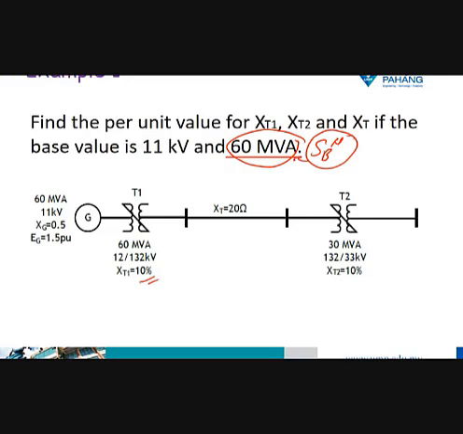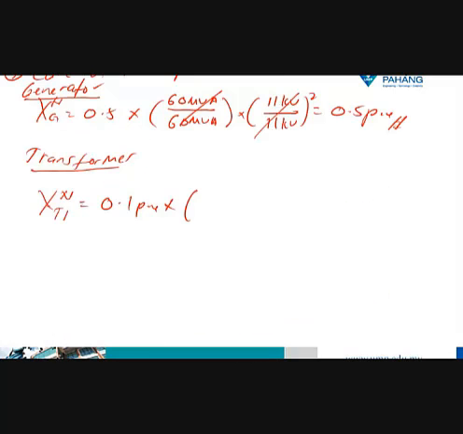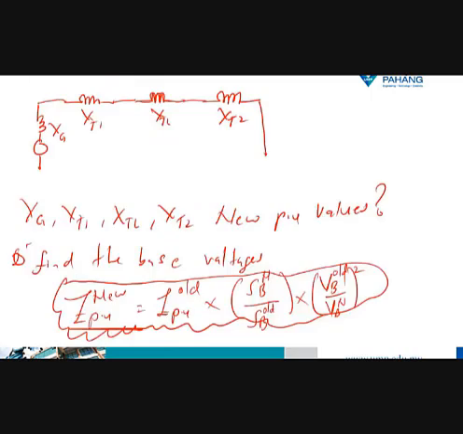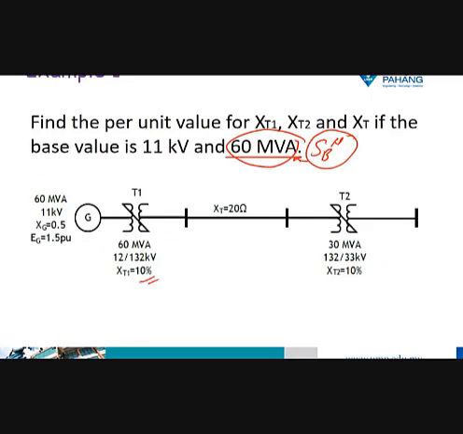Now, what is S base old? S base old is the rating on the transformer nameplate, so in this case we have 60 MVA.